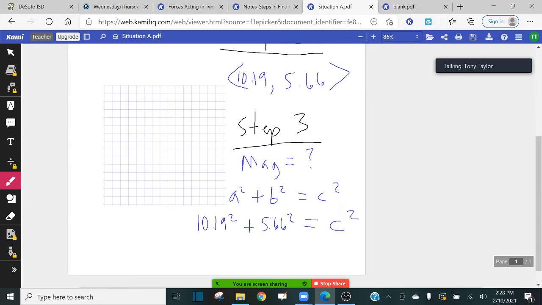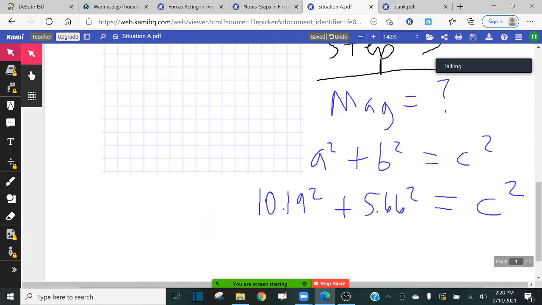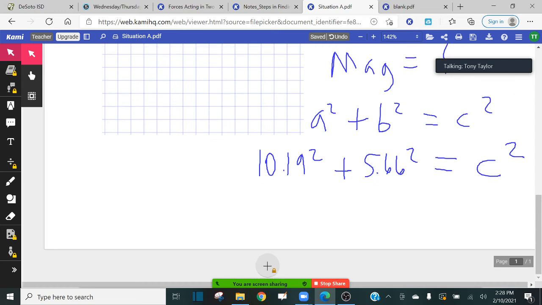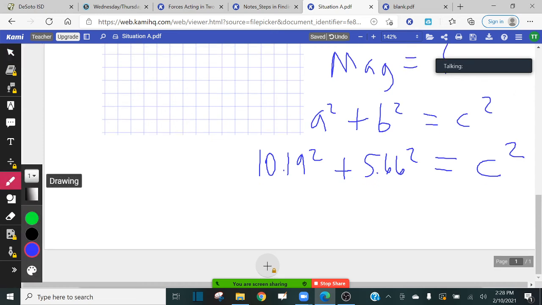All of that is equal to C squared. Everybody in here should know how to solve that equation for C. I shouldn't have to go through the algebra. It's basically the square root of everything on your left side. Anybody want to tell me what you get?